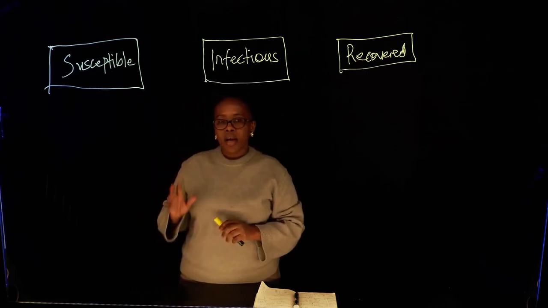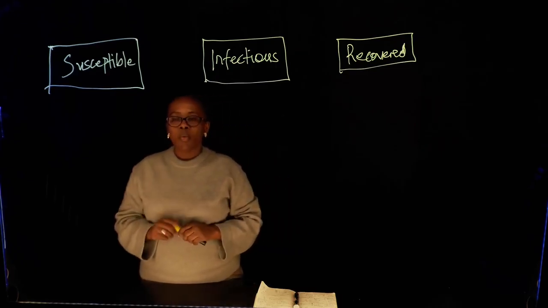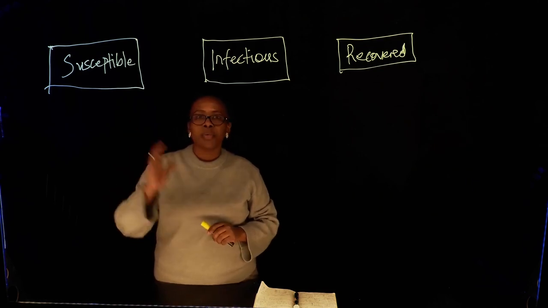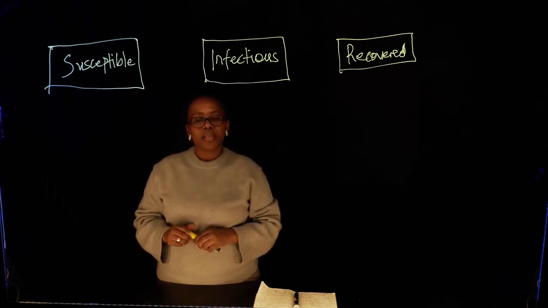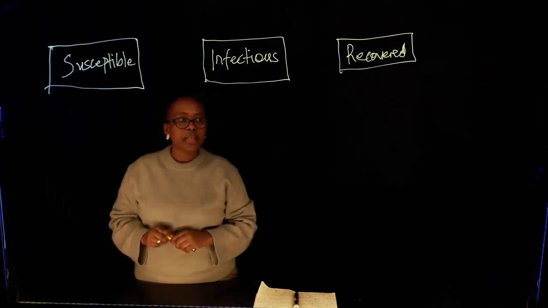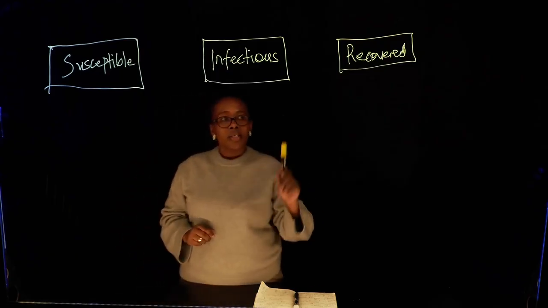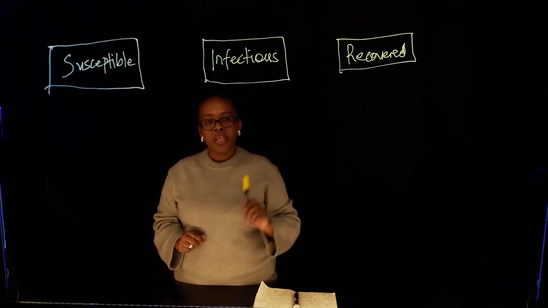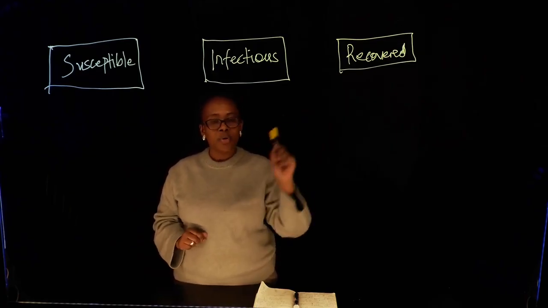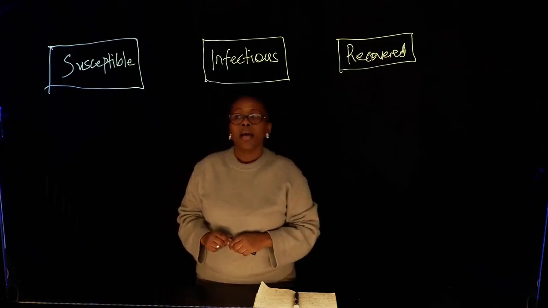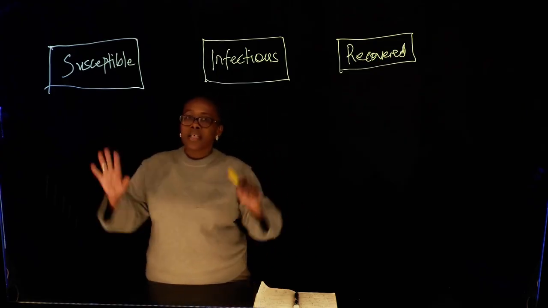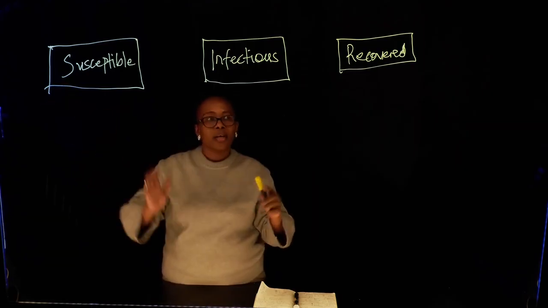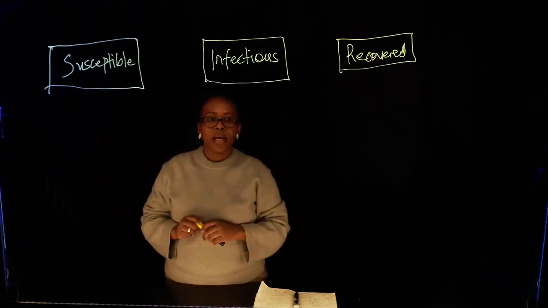It has 4 assumptions. One is that there will be an interaction between the susceptible and the infectious for the disease to progress. And then that once someone has recovered from the disease, they will gain immunity and they will not suffer from it again. It also assumes that this population is closed, therefore there are no births coming in and there are no deaths.